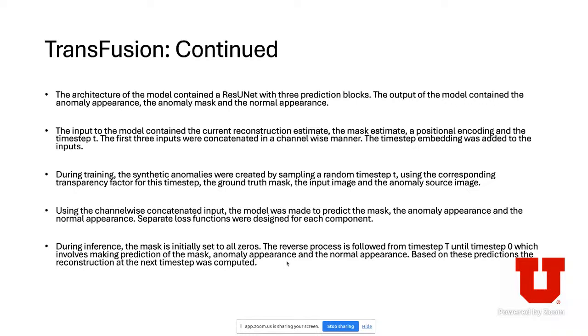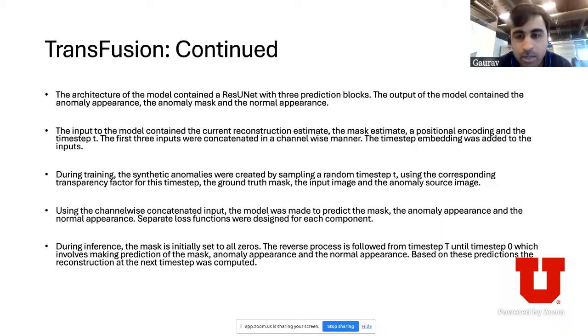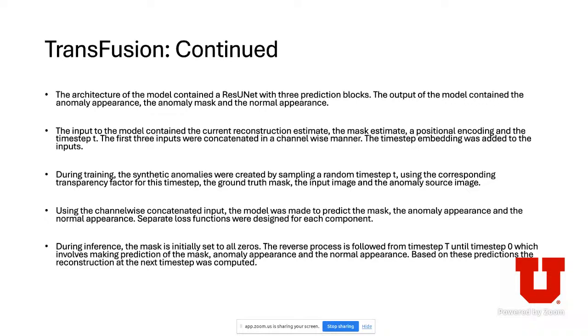Okay, so let's see. During the training, the synthetic anomalies were created by sampling a random step T, using the corresponding transparent factor for this step, the ground truth mask, the input image and the anomaly source image. So they just view the beta T as noise.